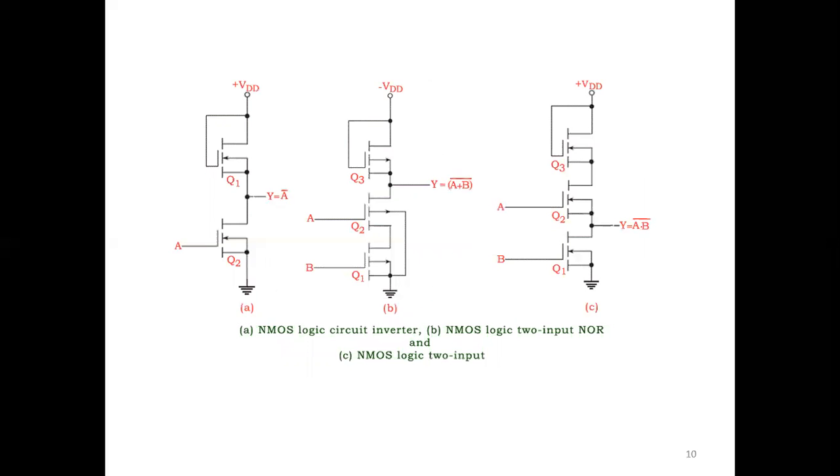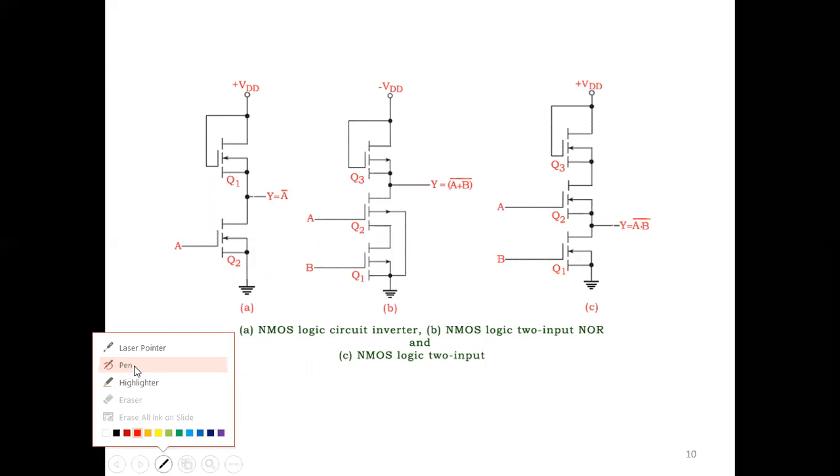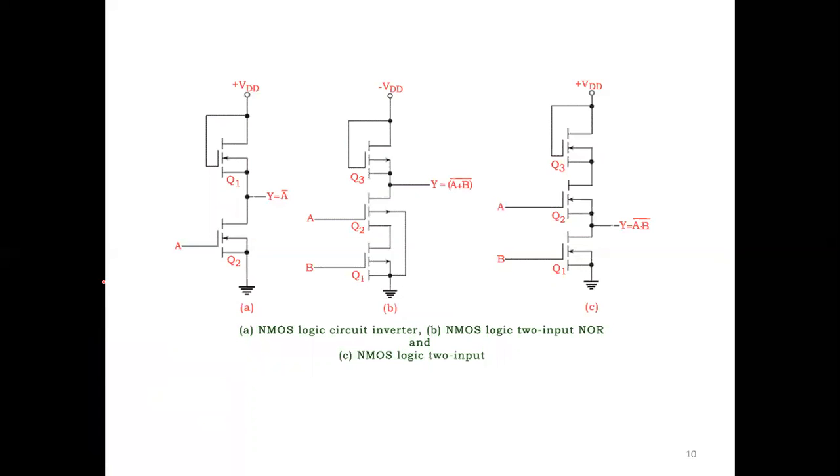This is a simple example of an NMOS logic circuit, the inverter. If you give A equal to 0, the MOSFET is off, so the supply value is given to the output and you get A bar.